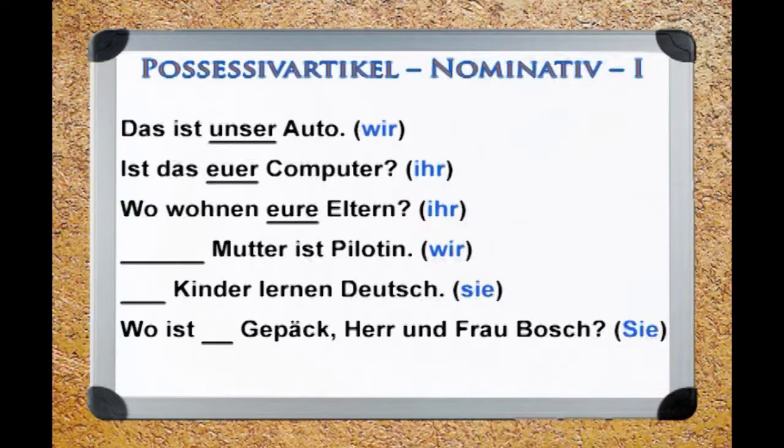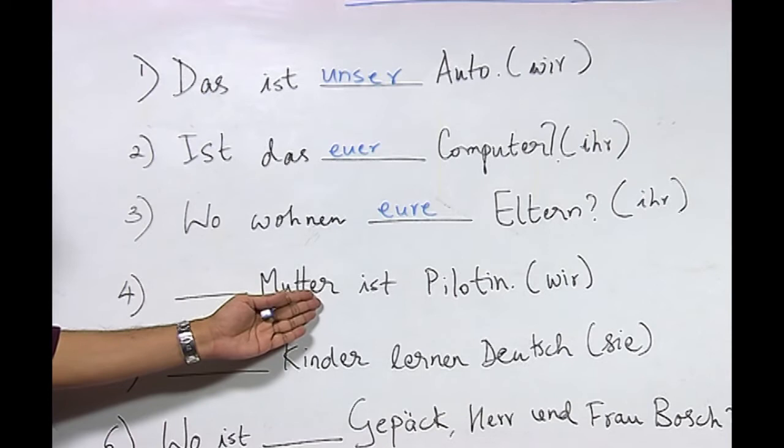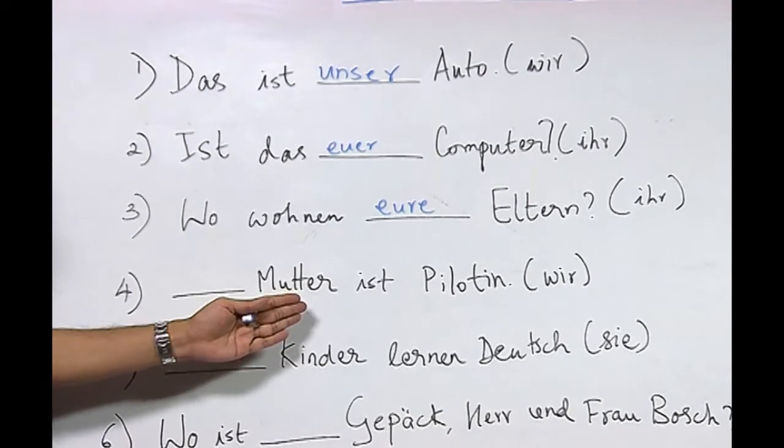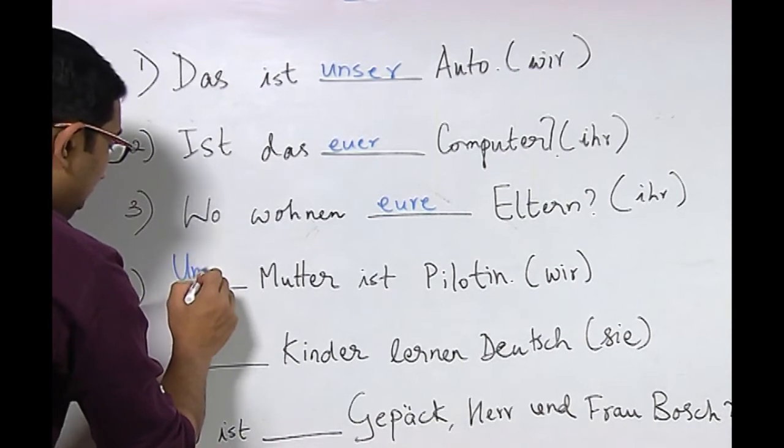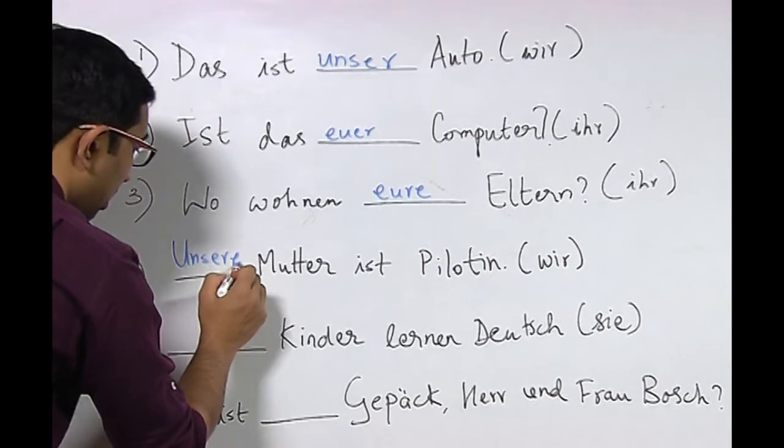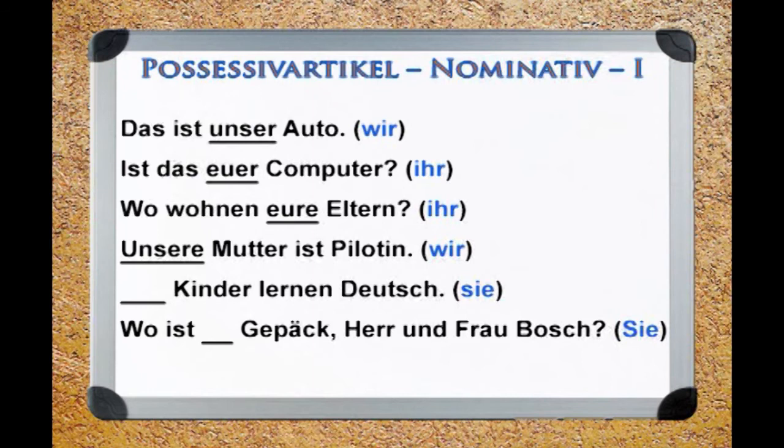Now, look at this sentence, Mutter ist Pilotin. For the plural pronoun wir, we have the possessive article unser, and the noun Mutter belongs to the feminine gender category. So, we write the possessive article as unsere, and we write capital U here because we begin the sentence.